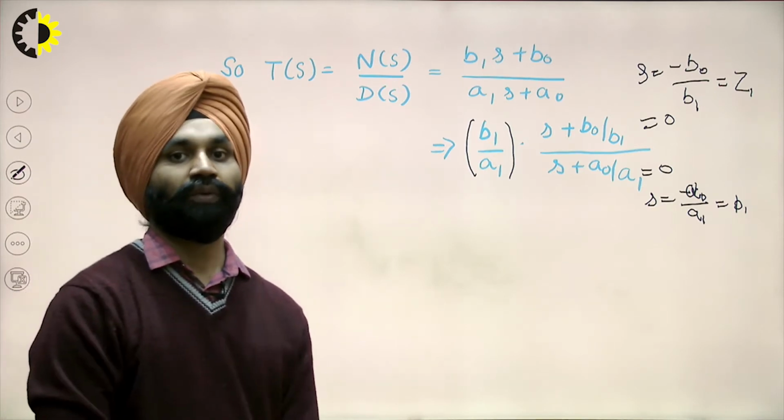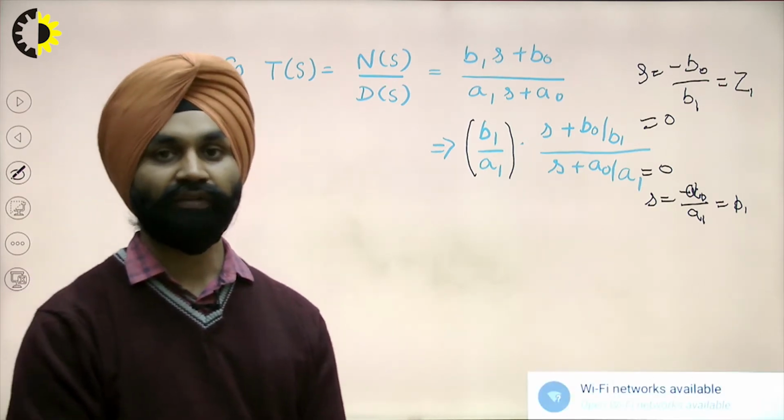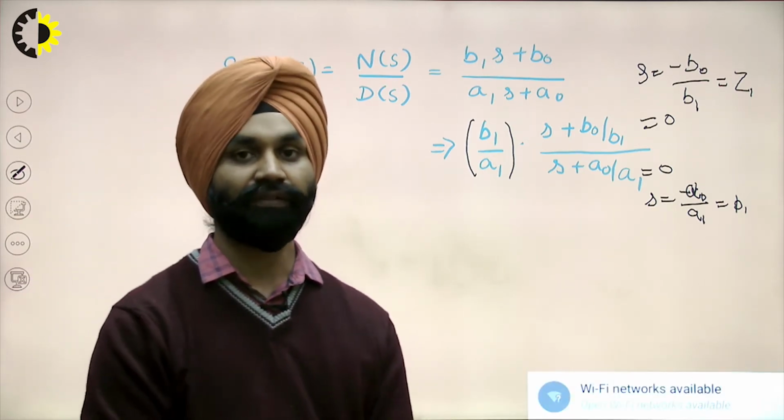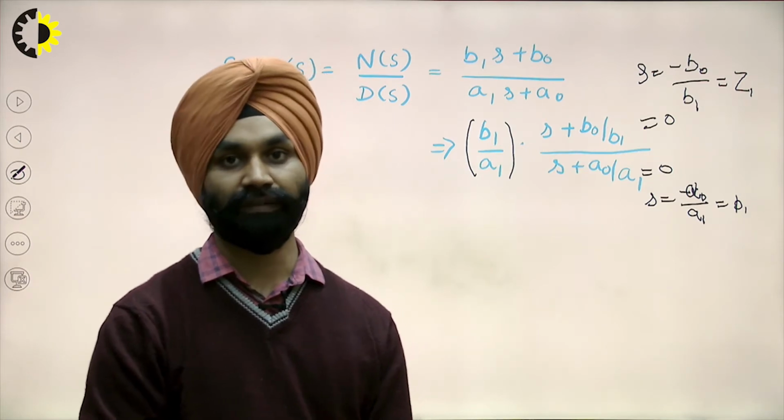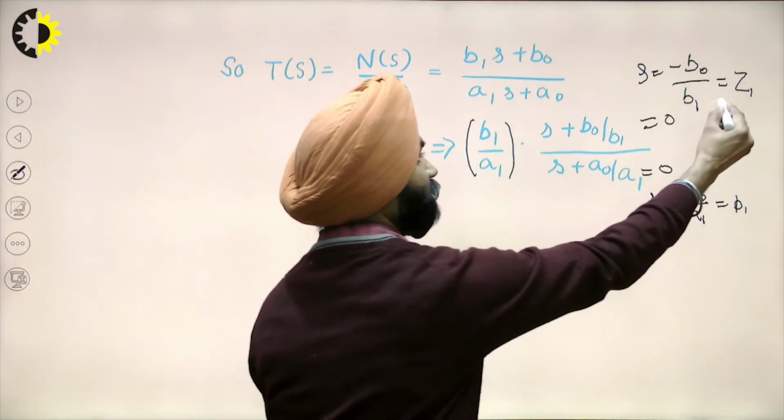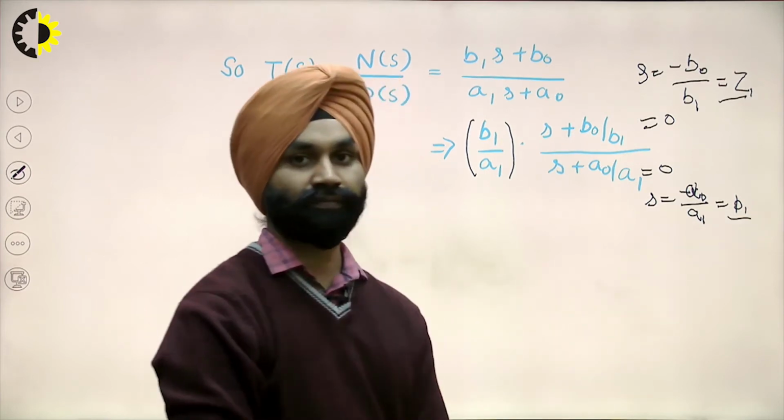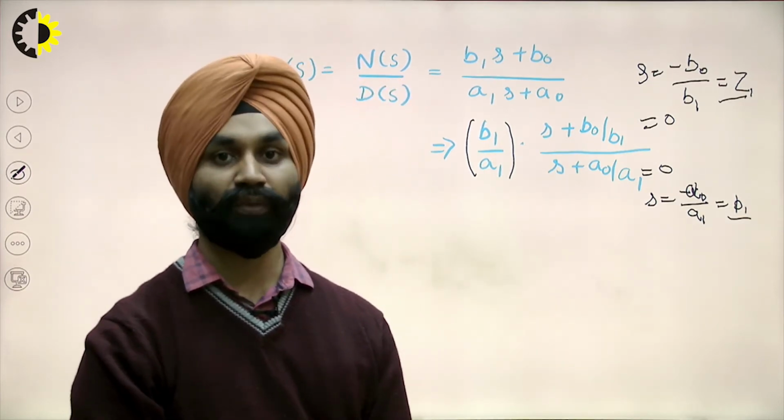Now when we design a filter, or when we say that we are analyzing a filter, the main function is to find out the zeros and the poles of a circuit.